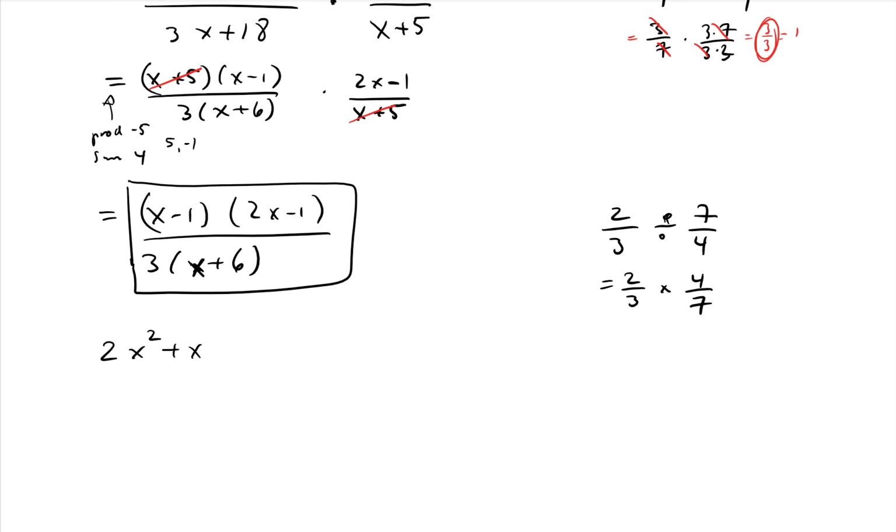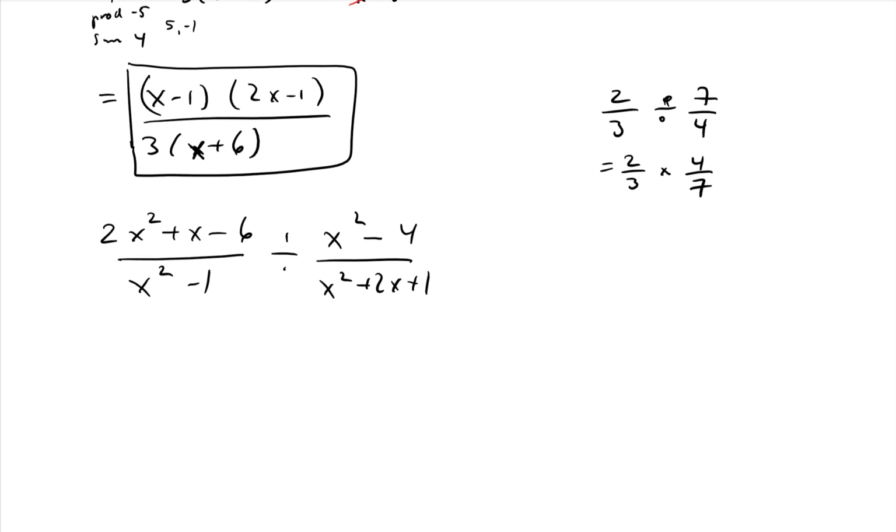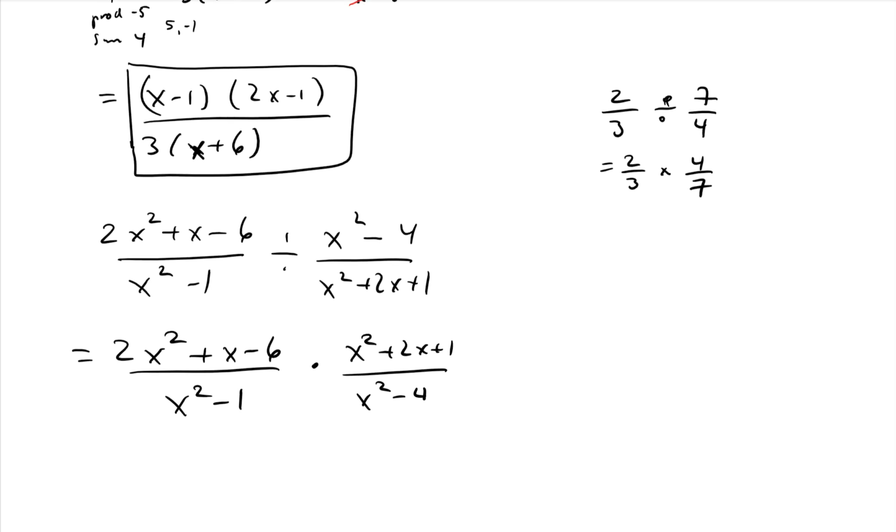So if I've got this, first of all, I'm going to write this as a multiplication. That's your first step, which is basically easy. You just flip this. And then we're going to factor them.